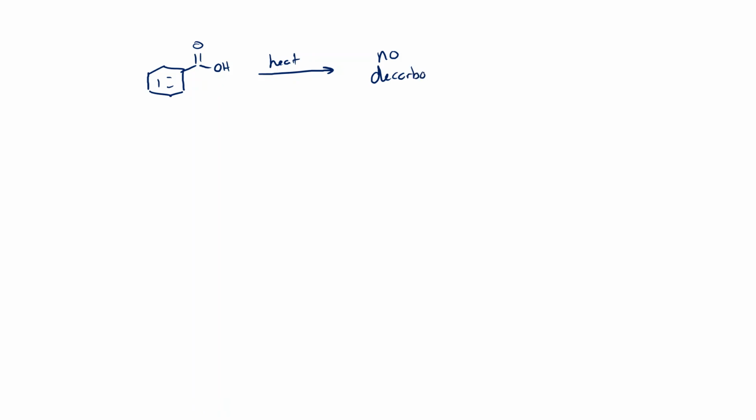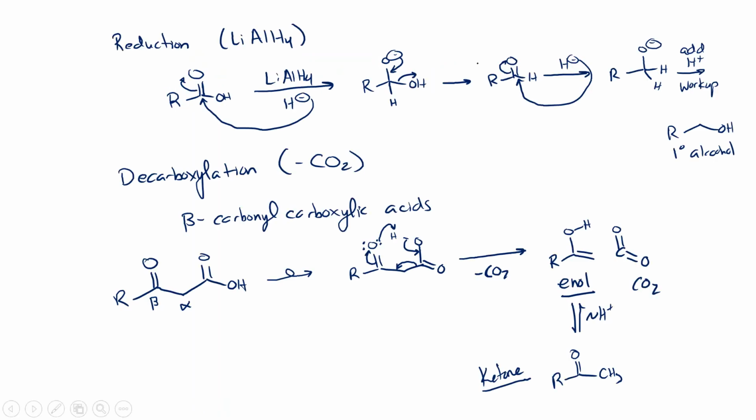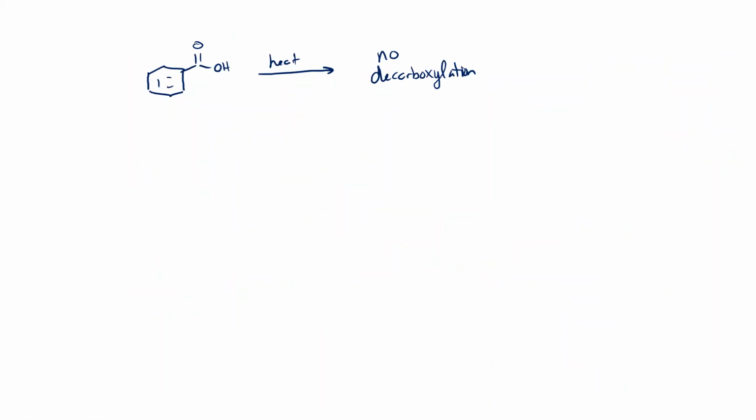No decarboxylation. So in a normal decarboxylation, all you have to really do is heat these things up. You'll just see heat as the reaction conditions. You heat them up, and this acid-base reaction starts, and away it goes. You lose CO2. The keto-enol tautomerism occurs here, and you end up with a ketone. So we can heat these up and lose CO2.